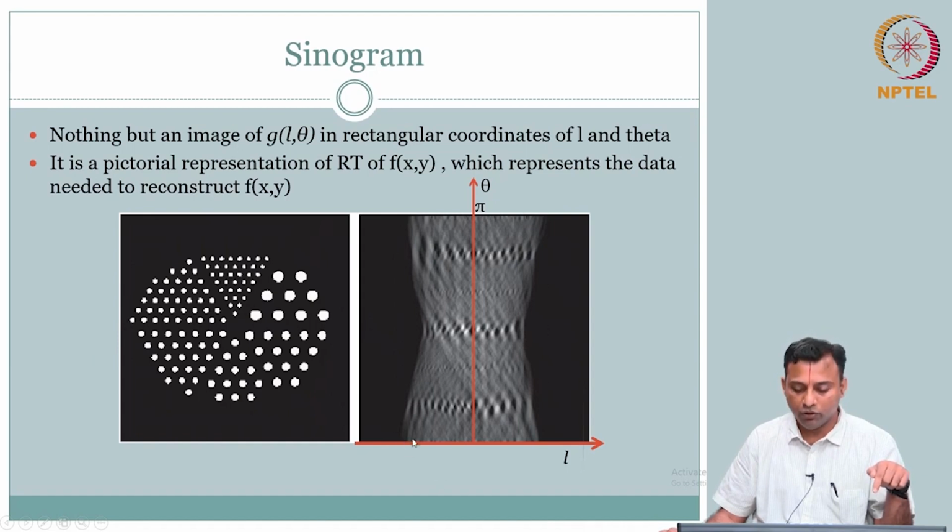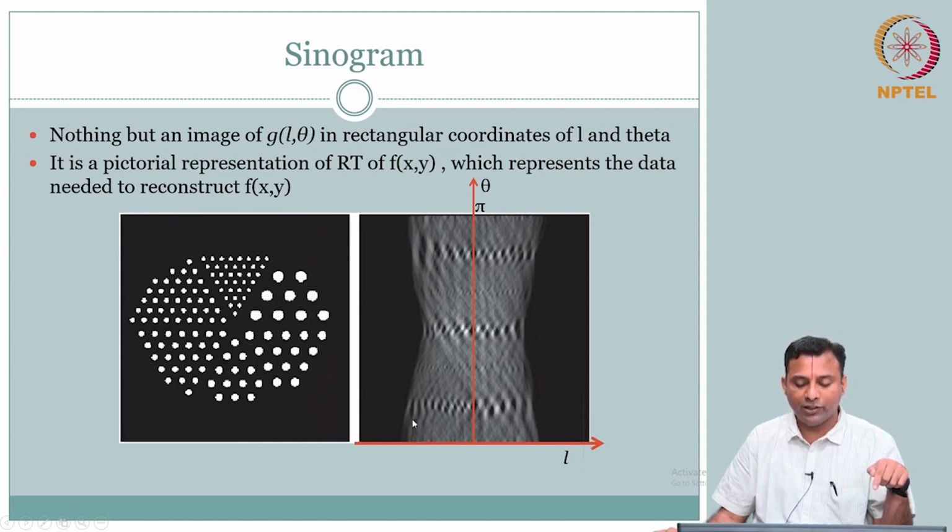So, at 0 you have L more, and then as you move around in small steps, the length decreases, and when you get perpendicular, at 90 degrees, the projection you are getting has a width which is smaller than this width.